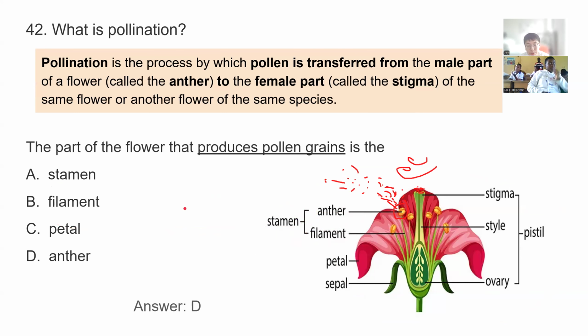So I guess you would be right in a sense that it contains the anther, but if it asks you specifically which part of the stamen produces pollen grains, it would be the anther. Anther is the top part, but anther is in a larger system of stamen. So remember that it is produced by the anther.